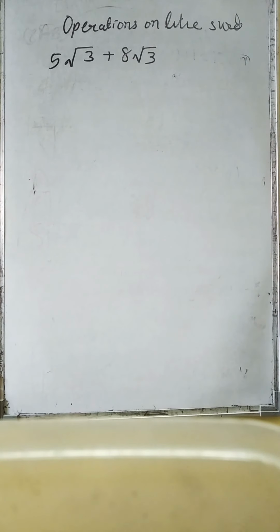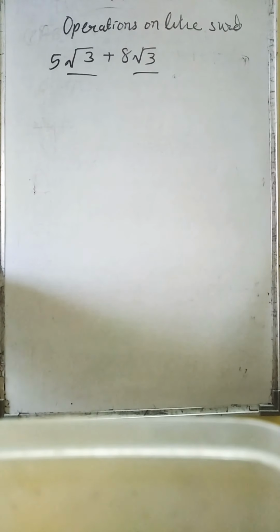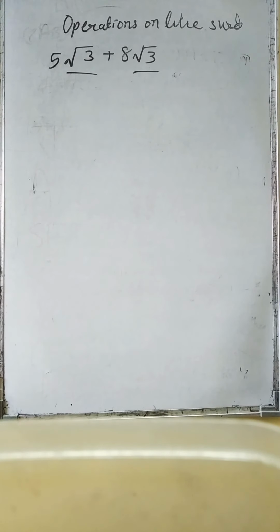Okay. If you have the irrational part the same, then they are the like sets, right?